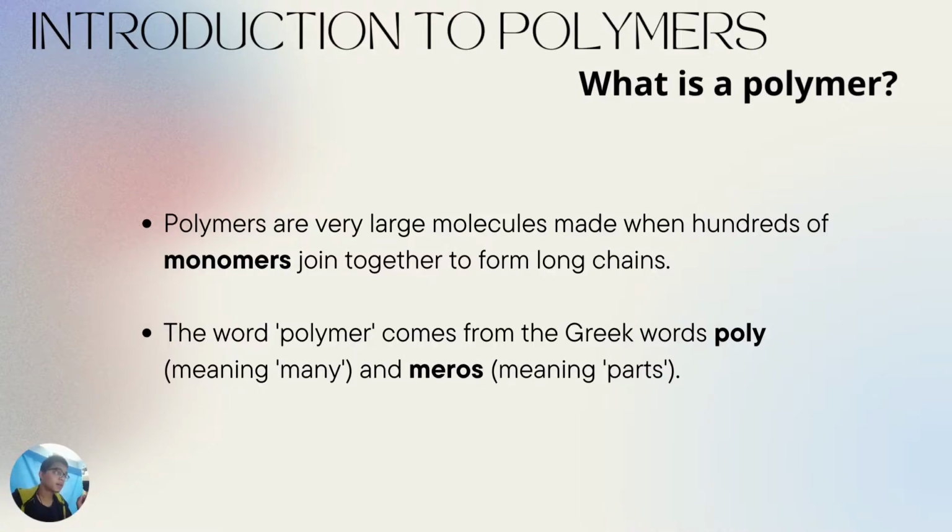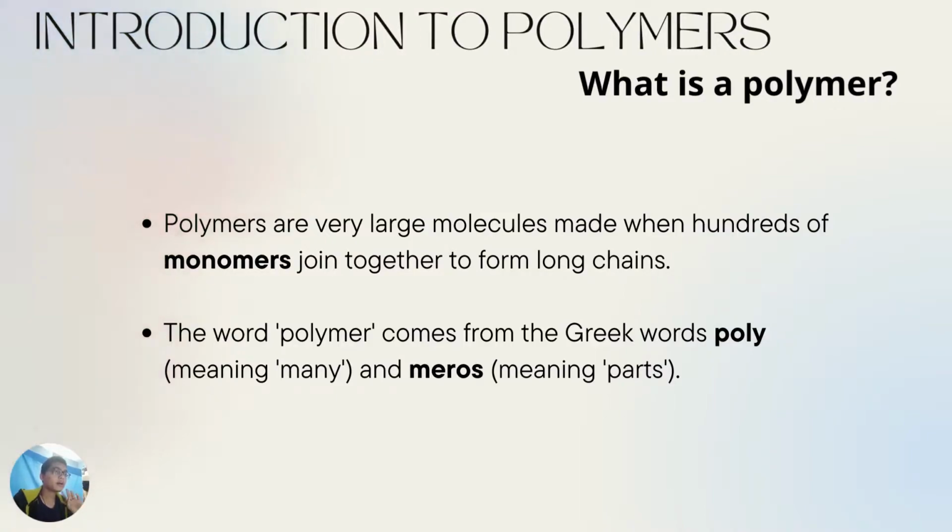Now, the word polymer comes from the Greek word poly, which means many, and meros means parts. If my pronunciation is wrong, I'm really sorry. So, polymer is a word which is made up of two Greek words. First is poly, second is meros. By this slide, we have completed answering the question, what is a polymer?